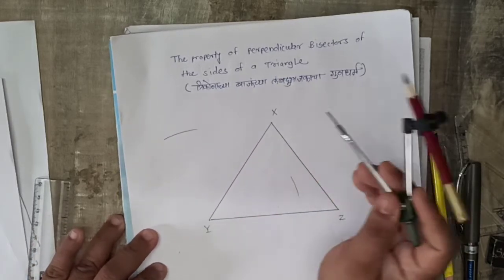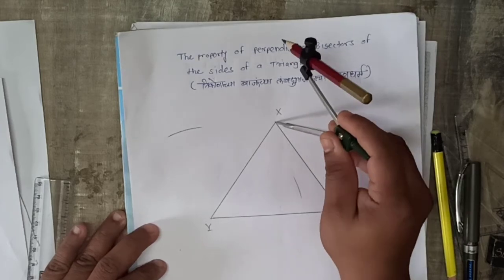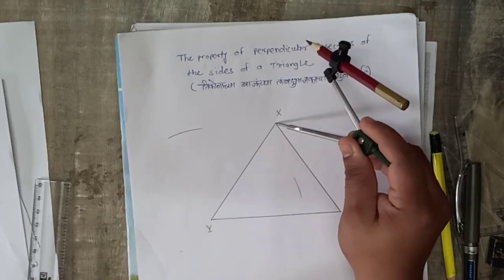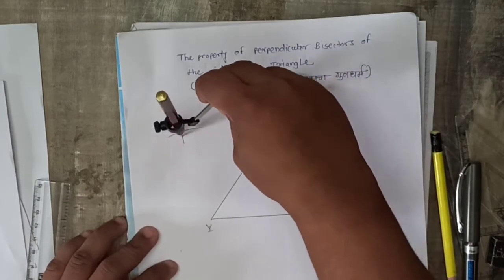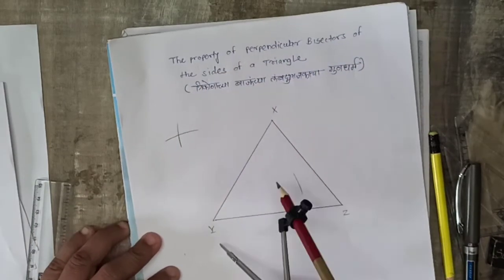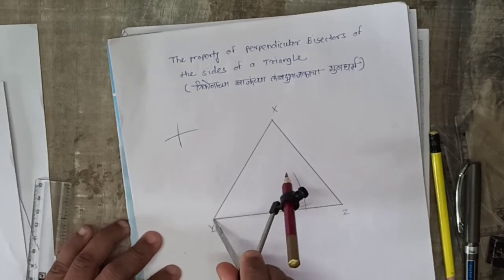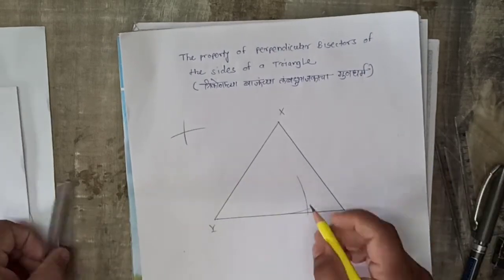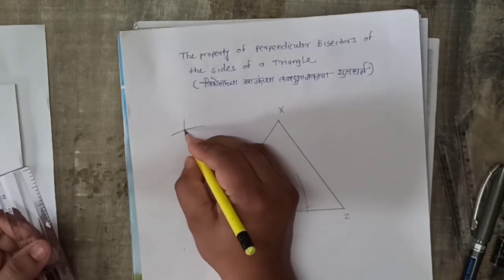Then place the metal tip of the compass on point X. Without changing the distance in the compass, draw the intersecting arc to the previous arcs like this. Okay. Then join the intersecting point of these two arcs.